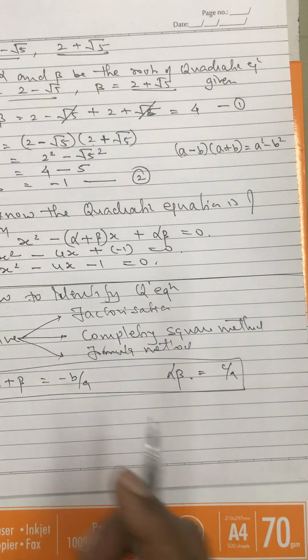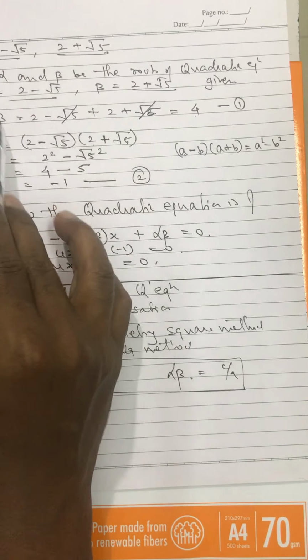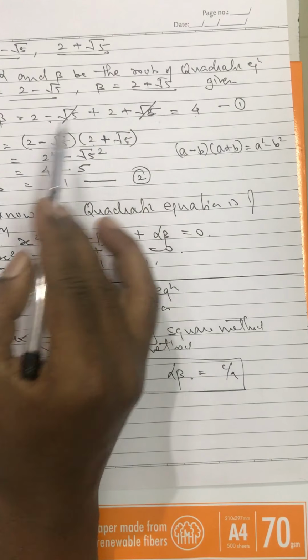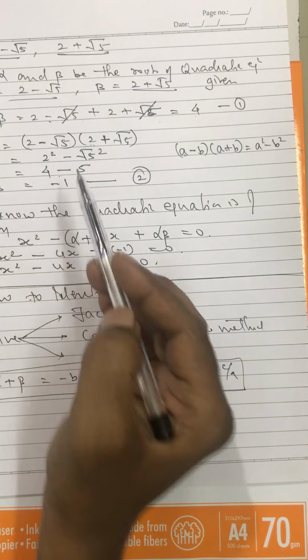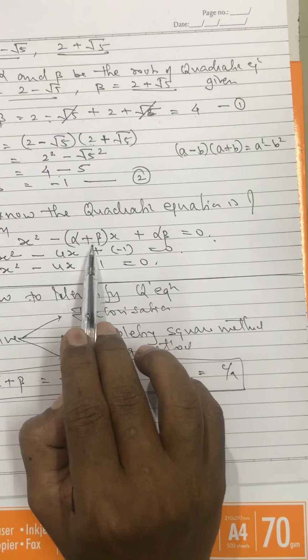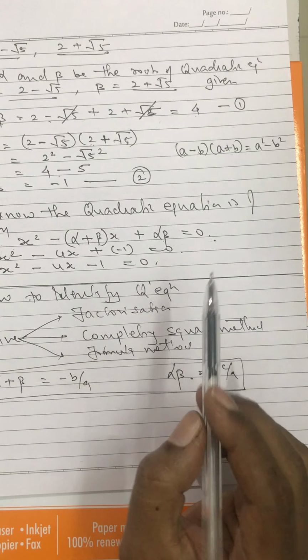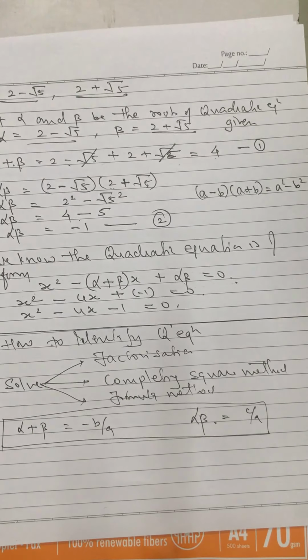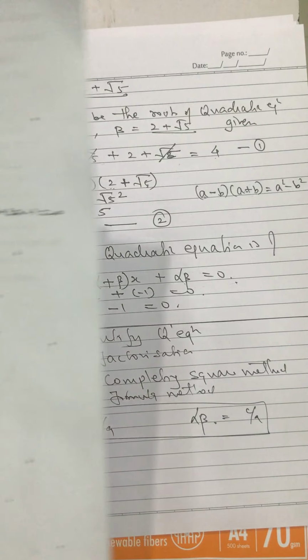How? Whatever roots are given to us, we will find the sum of the roots, find the product of the roots, and then substitute them in this formula: alpha plus beta over here and alpha into beta over here. My dear students, with this we have completed a major chunk.